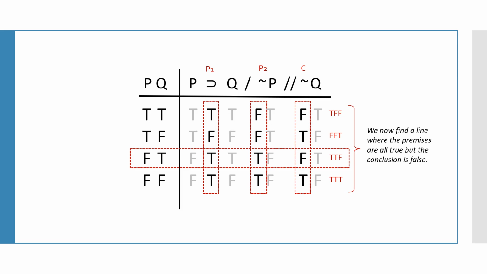We find on the third line where P is false and Q is true, the resulting truth value of this argument produces 2 true premises and a false conclusion. And the fact that this argument is even capable of producing that result tells us that it must be an invalid argument. That's how we use truth tables to determine validity.